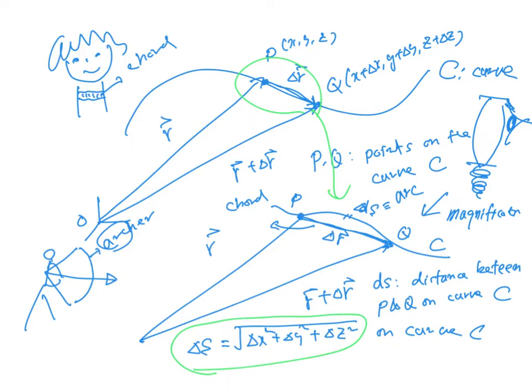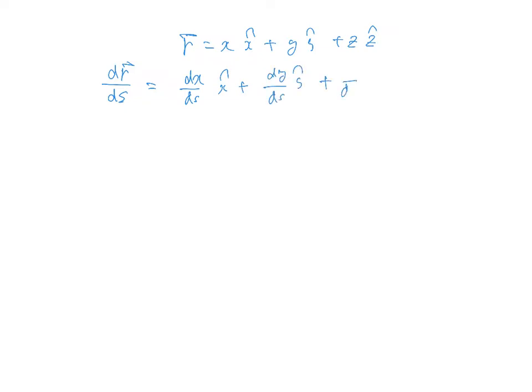If you use this definition, the r vector is defined as x x̂ plus y ŷ plus z ẑ, so dr/ds is dx/ds x̂ plus dy/ds ŷ plus dz/ds ẑ.